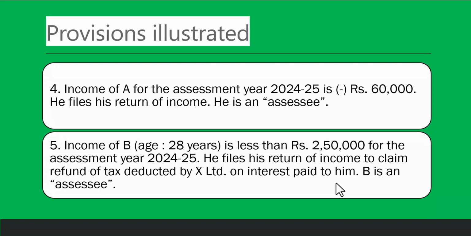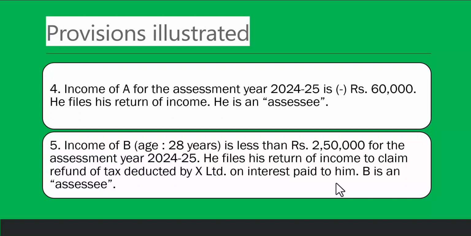When you earn interest on a fixed deposit, after a certain limit, the bank is going to deduct, say 10%, income tax on your interest income. So now you have to claim the refund of the tax deducted from your income. So you have to file an income tax return to claim the refund from the income tax authorities. So you are an assessee in that case.